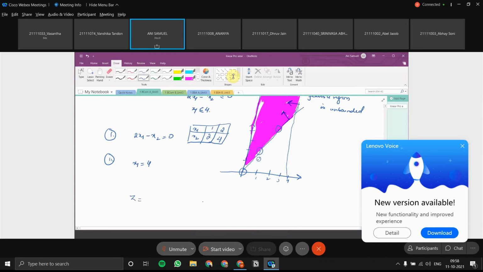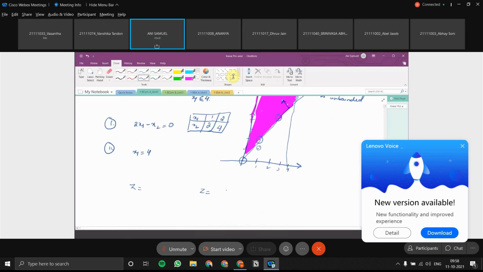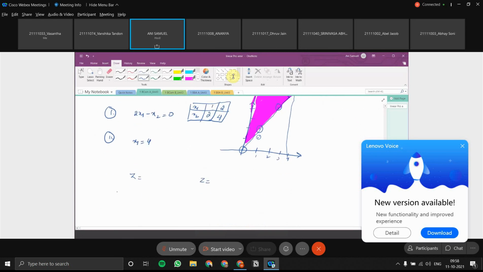Can you people suggest some values? We have the equation 6x1 minus 2x2. Tell me some random number. 12 and 24. Okay, that was good.